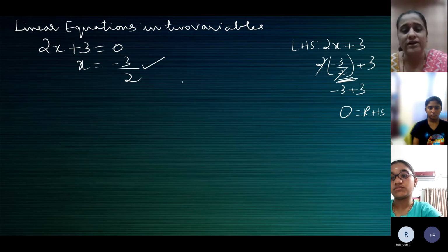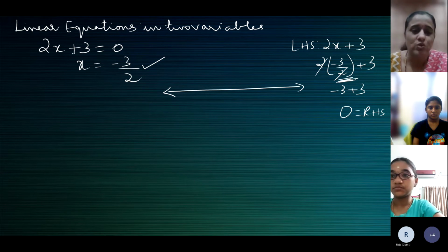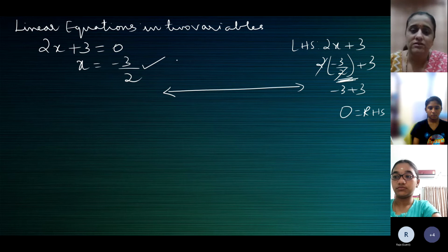And we also know that this equation can be geometrically represented. The solution minus 3 by 2 of this equation 2x plus 3 is equal to 0 can be geometrically represented as a point on the number line. All right. So now this is minus 3 by 2.